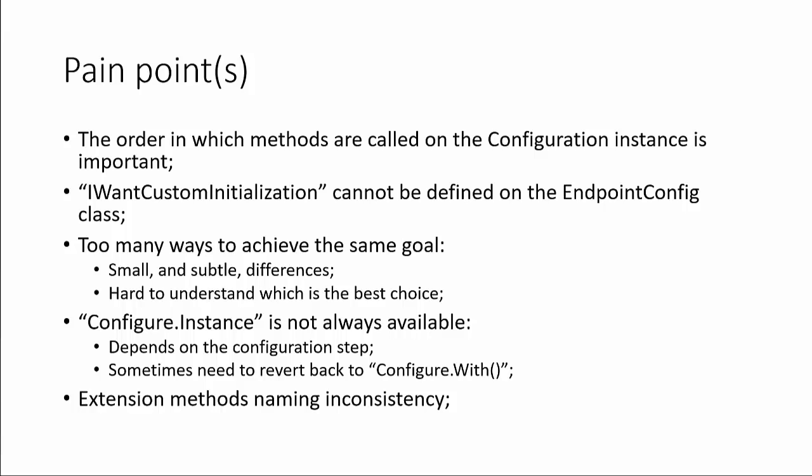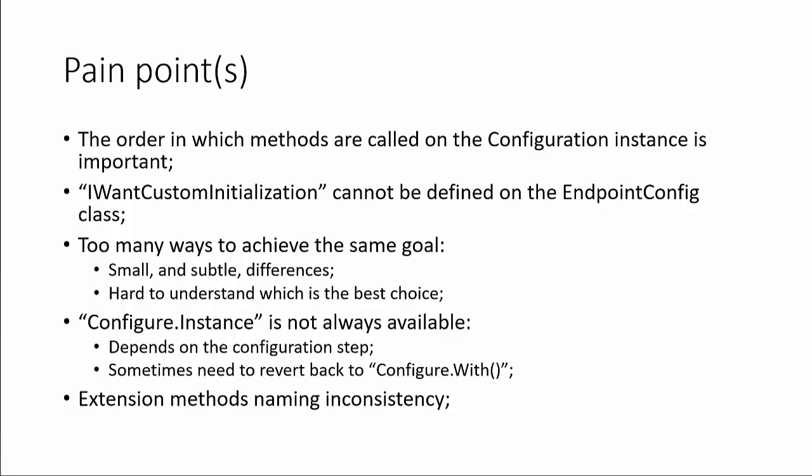And there is a lot of inconsistency in the extension methods naming. So we have extension methods for the RavenDB persisters configuration, and the naming of all these methods is not consistent with the other persistence extension methods and stuff like that. It's not that easy, the first time, to start dealing with the configuration API.